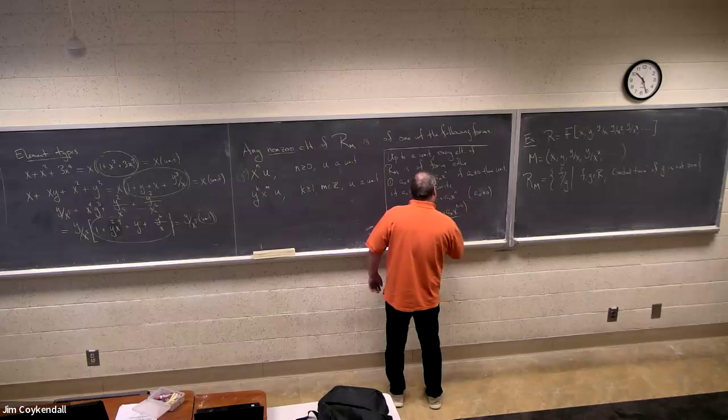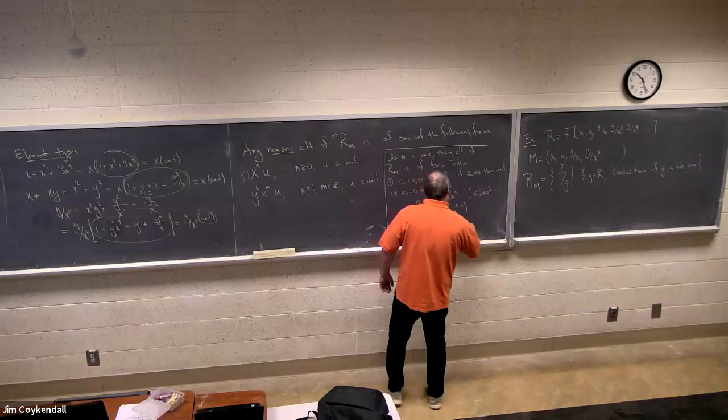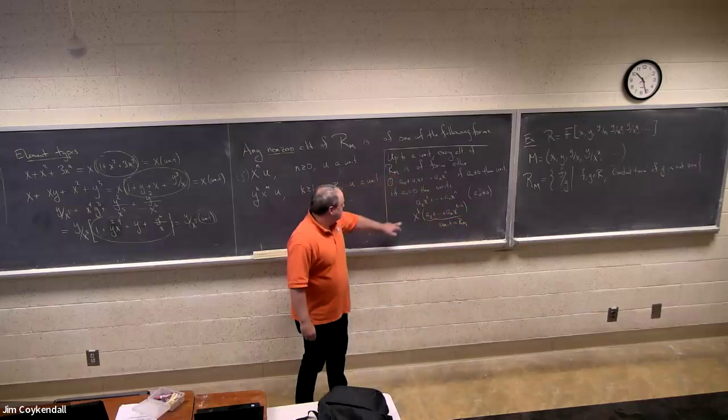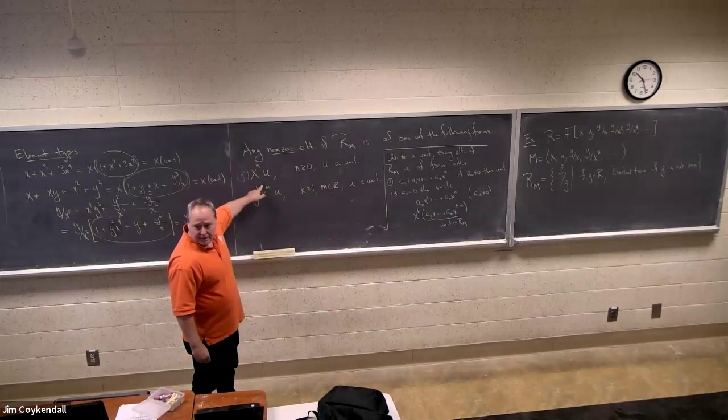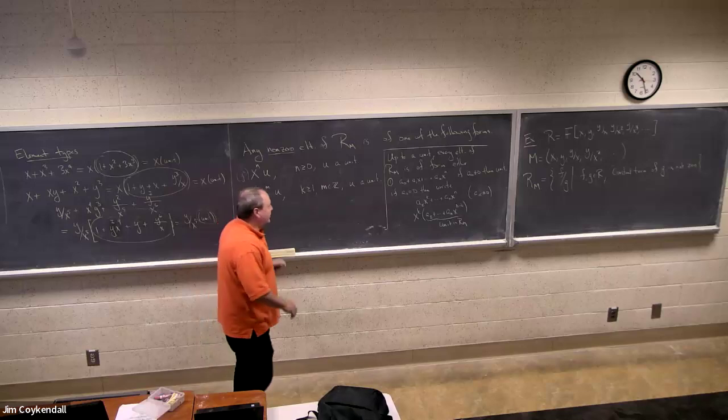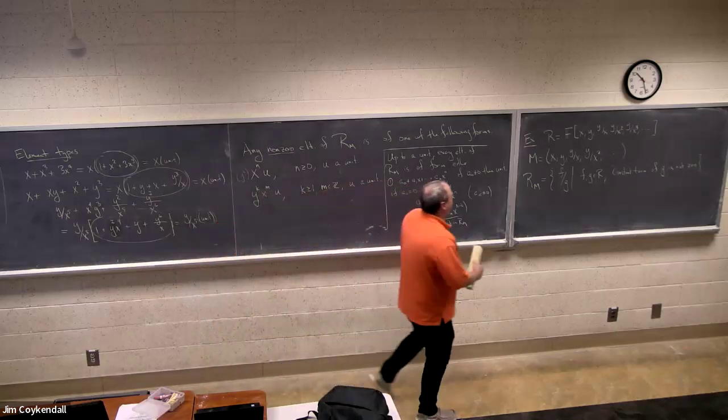And this is a unit in R_m. So there's one of my claimed forms right here. Now, what happens if there's some y's in there, if you will?